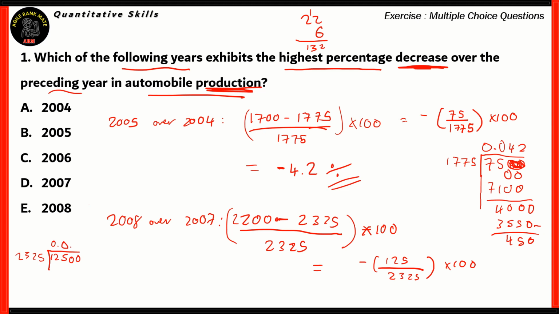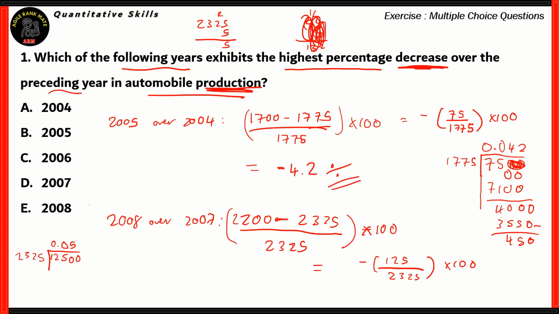So you have 12,500 over 2,325. This is where you can put in 5. So 2,325 times 5 gives you 25.